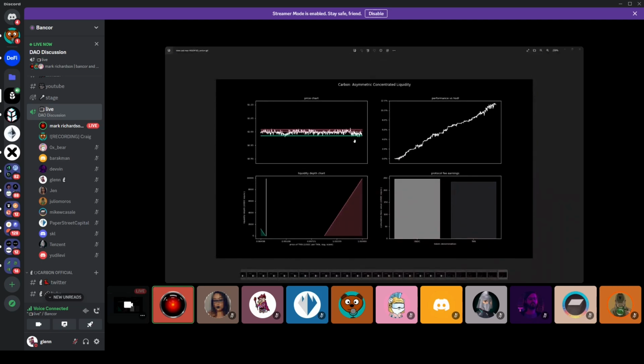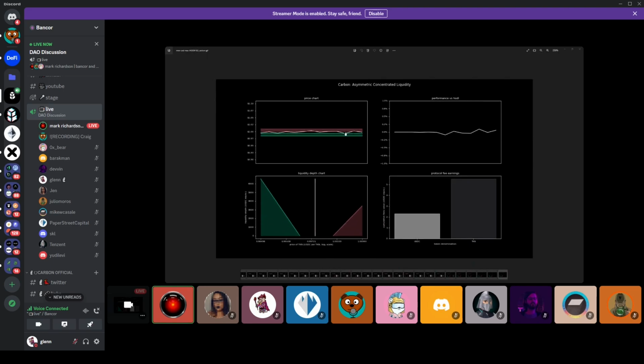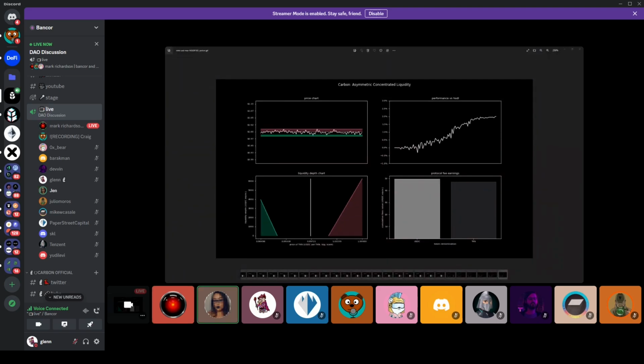But Carbon is not volume dependent, so it doesn't really care. All it cares about is where the high prices and the low prices are. So the additional price data that we injected doesn't affect the Carbon simulation that much. I think in that case we saw Carbon go to 14%. Yeah, 14. So it still benefited a little bit, but it benefited Uniswap v3 a lot.